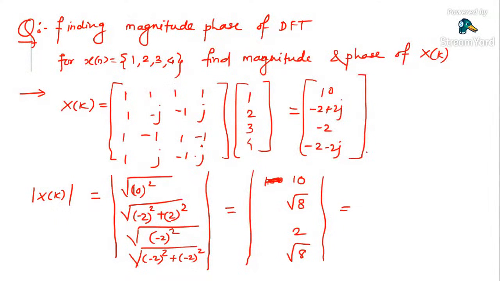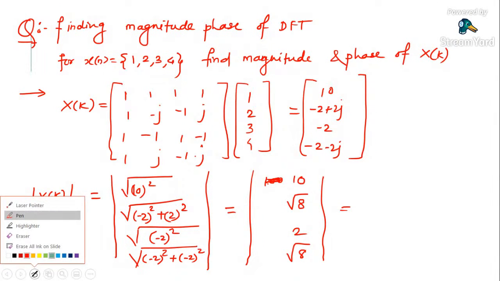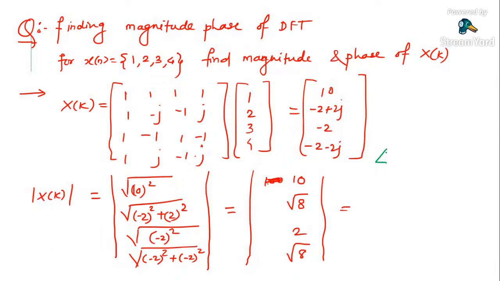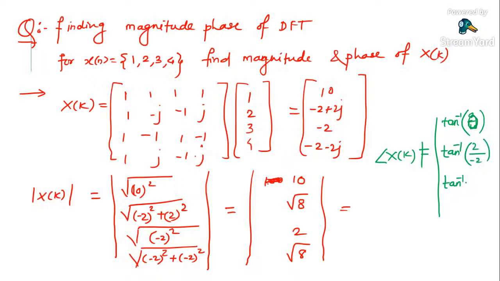Now you can calculate the phase. How to calculate the phase? The phase of X of k is equal to tan inverse of b by a. For the first value, b is 0 divided by 10, so tan inverse of 0. Then tan inverse of 2 divided by minus 2, then tan inverse of 0 divided by minus 2, and tan inverse of minus 2 by 2.